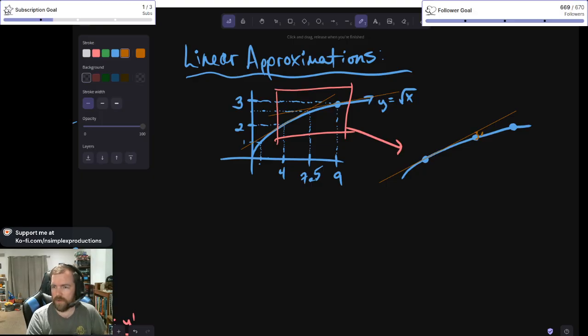This is also going to be the change in y that we get at this particular value, whereas the change in x is going to be this particular value here.